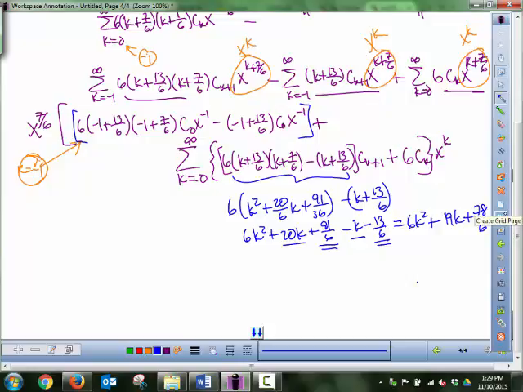Does that reduce? 78 over 6? Oh yeah, it's 13, right? So 6k squared plus 19k plus 13.